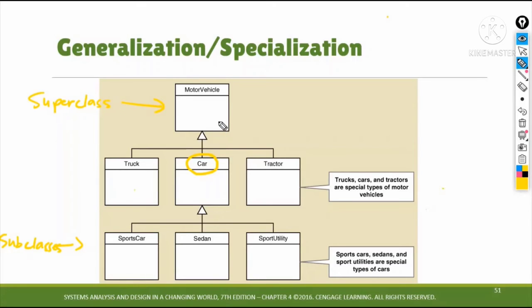So in UML diagram notation, it uses a triangle that points to the superclass to show generalization and specialization hierarchy.